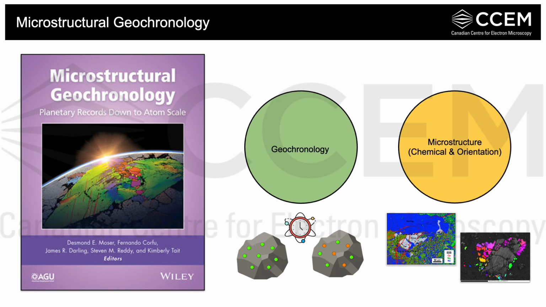So for example, we can use naturally occurring radioactive isotope systems, such as uranium-lead, or neodymium-samarium, or potassium-argon, just to name a few, and these can be used to date the mineral. And this is done by looking at the ratio of the parent and daughter isotopes.